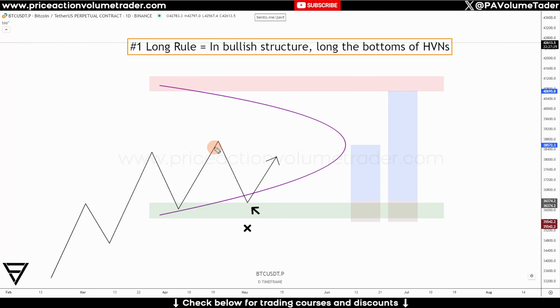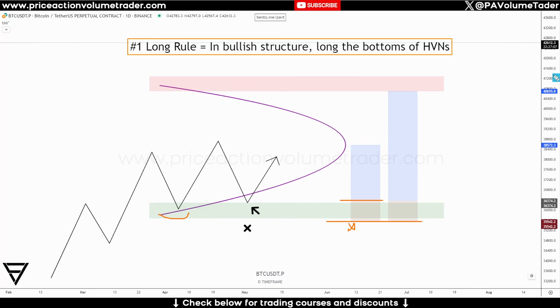That is why getting in around the middle area of a high volume node is not advised, because you will most likely just get chopped up. But as you can see, if we wait for a pullback, we can have our entry with a tight stop just beyond the low volume node protection.